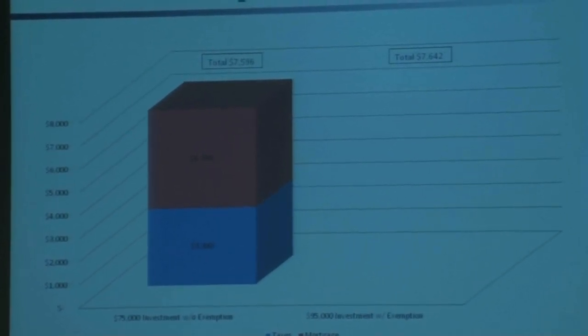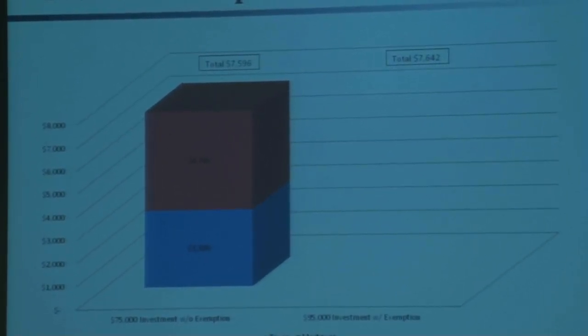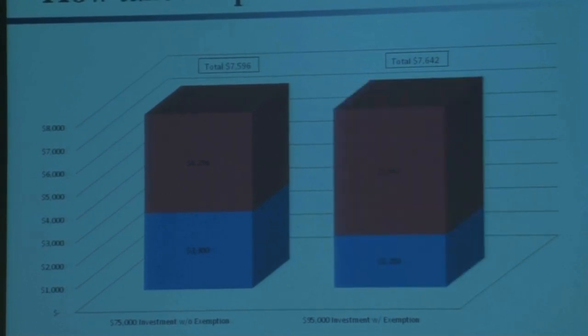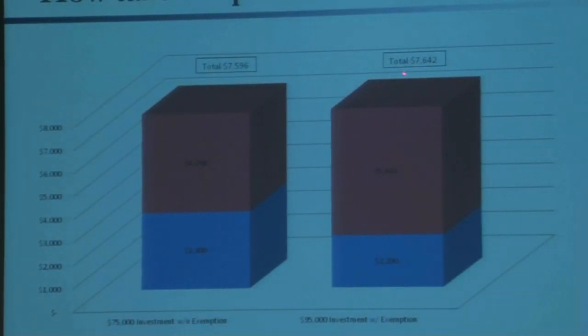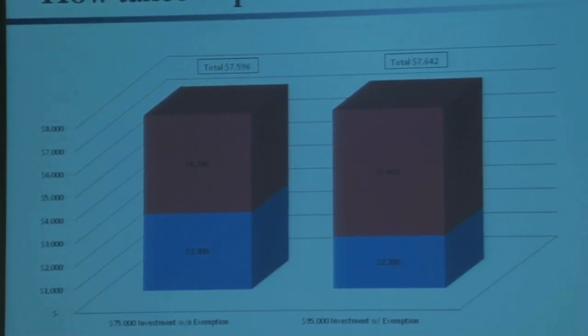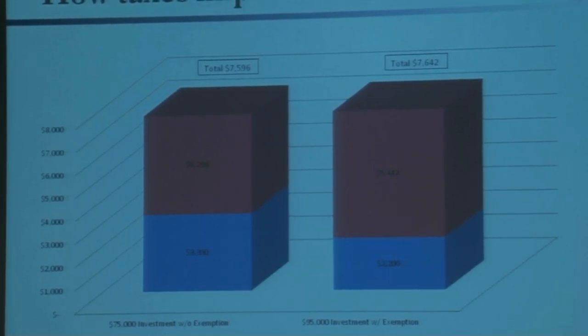If I abate the increased assessed value due to the improvement I make to that home, because remember, I have to spend $95,000, right? I pay $7,600 again, but I'm paying $5,400 in the mortgage and $2,200 in the taxes, which, by the way, that $2,200 is the same amount of money that you were receiving prior to the investment. But look at the difference.